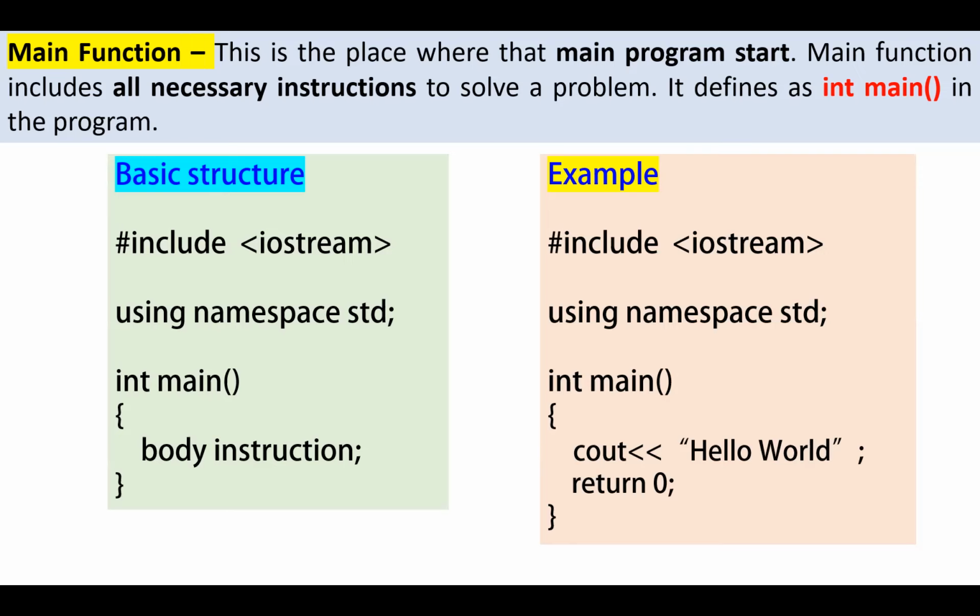Right now, before moving to the next part, I want to do this example practically using the code block compiler. I think all of you are now ready with code block. Earlier I sent some videos on how to install this code block, how to download and install, and how to get the first file also.